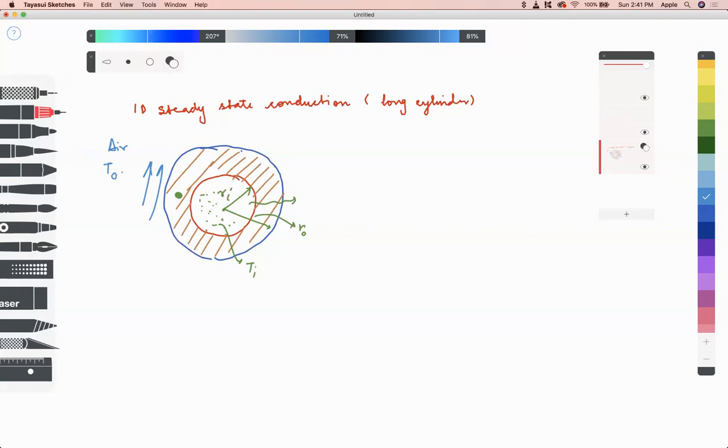Now definitely heat will move in this particular direction. But in this case, see, Q dot is fine in steady state, but the area will not be constant because it's a tube and the curved surface area keeps on increasing.